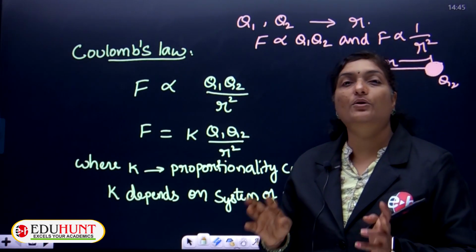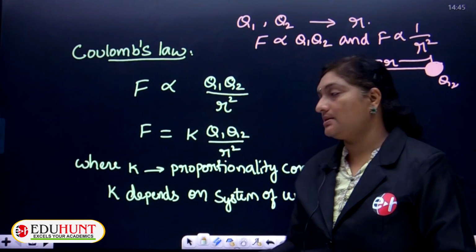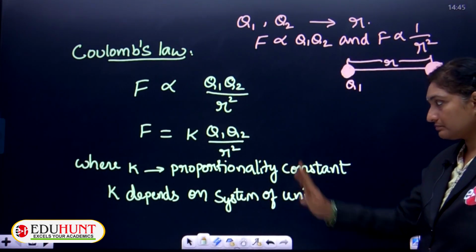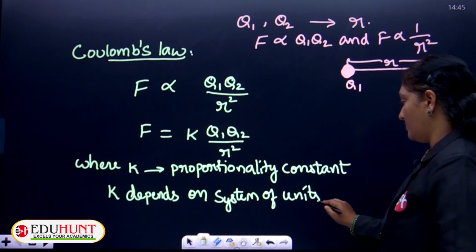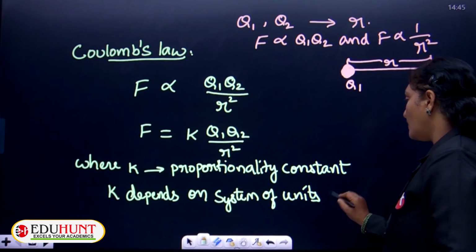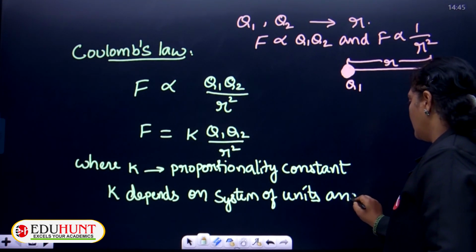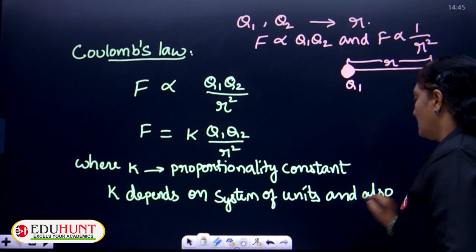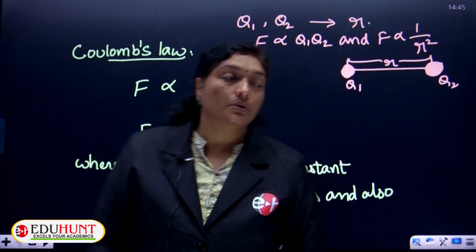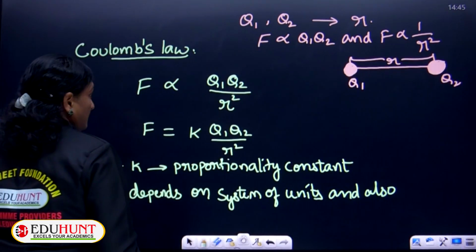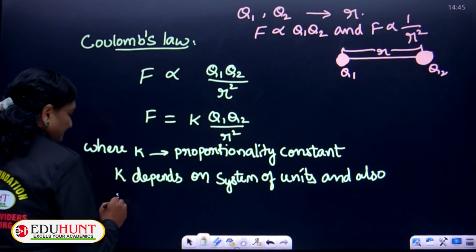So, depending upon the medium between the two charges, the value of k changes. It also depends upon the system of units as well as the medium between the two charges.